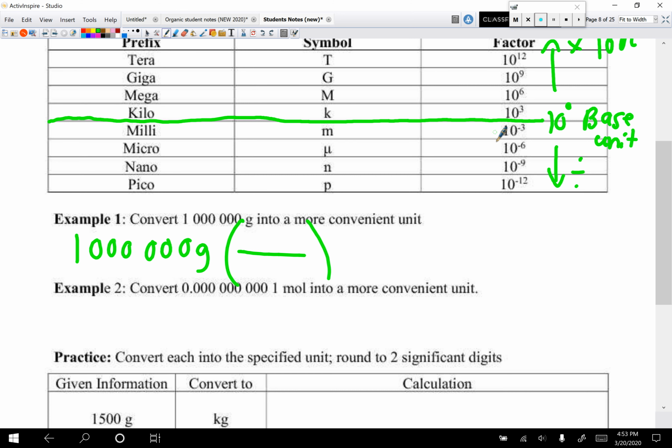That seems relatively big. So if I know there is 10 to the 6 grams in every 1 megagram, that's how this works. What we have right here is how many of our base units are in there. We can get our units of grams to cancel out, and what we are left with is that 1 million grams is actually equal to 1 megagram. Cool, that's a more convenient unit, or 1,000 kilograms if you did that one.